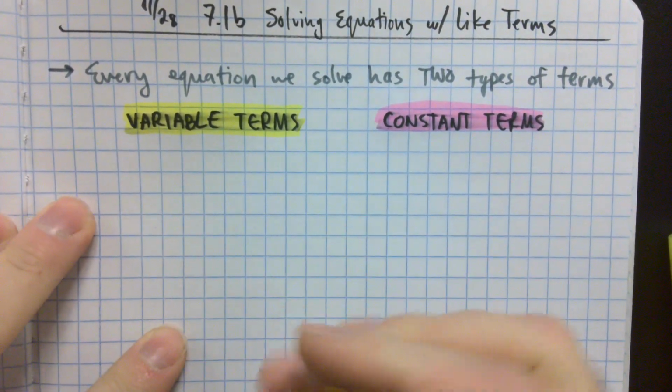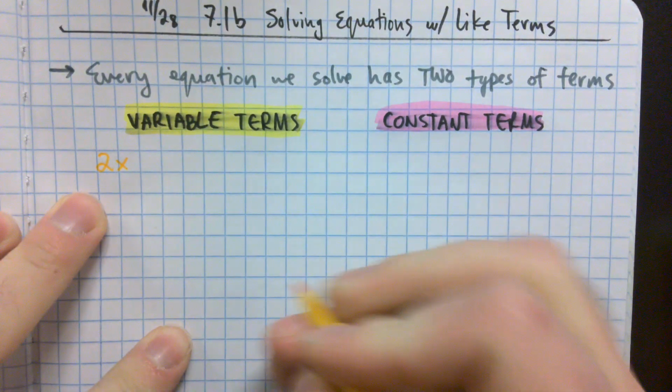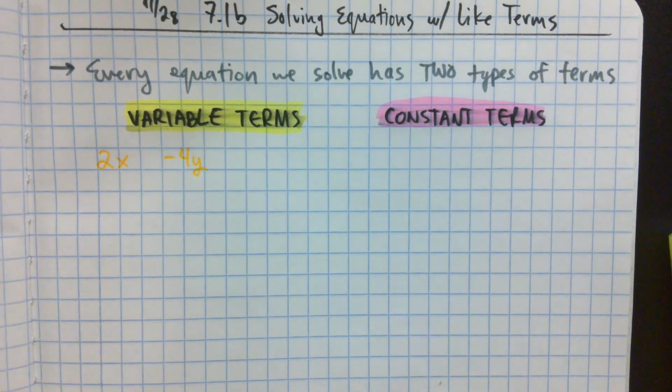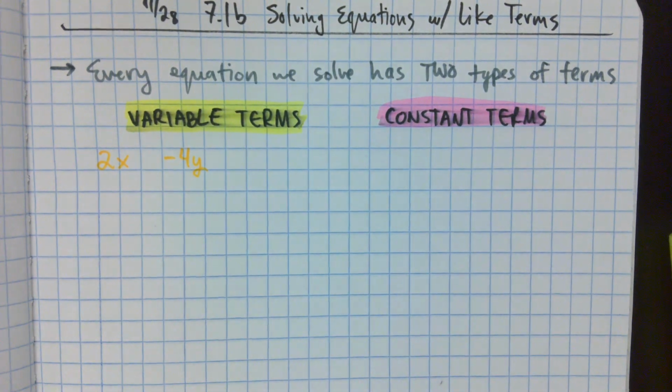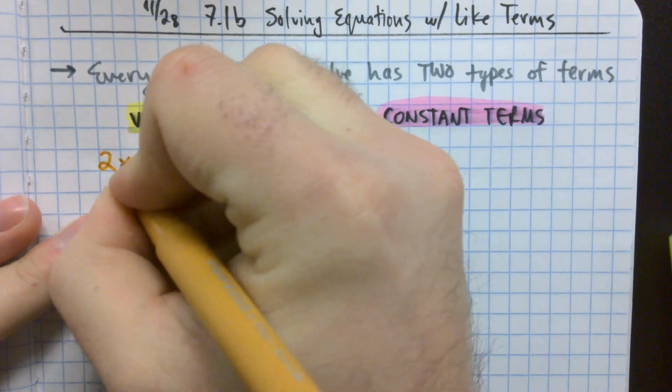Variable terms are going to look something like this, either 2x, negative 4y. Oh, that's a really ugly yellow.